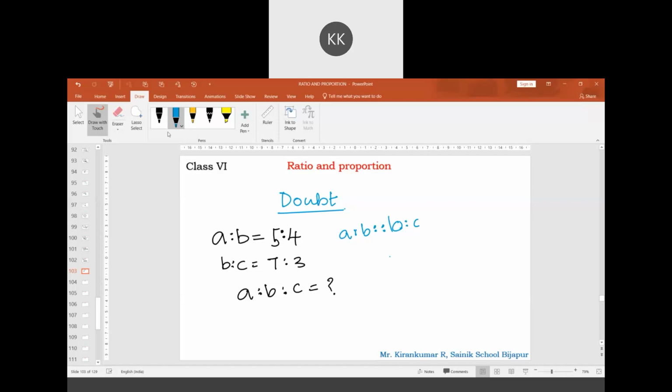Suppose if I consider in terms of x, A I'll take as 5x, B I will take as 4x. Then if I consider C, C will be 3x. Sir, B will be 4x and 7x.